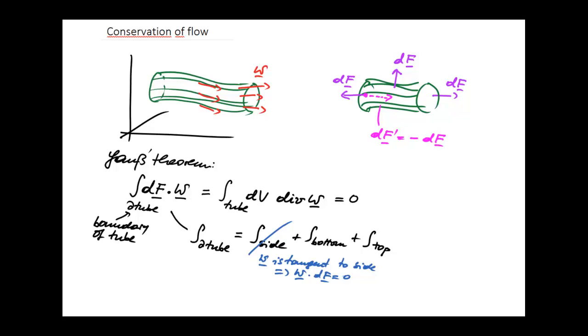So what remains then, since we know the surface integral must be 0, and only bottom and top remain, we find that the integral over the top of df, the flux through the top of W, must equal minus the flux through the bottom.